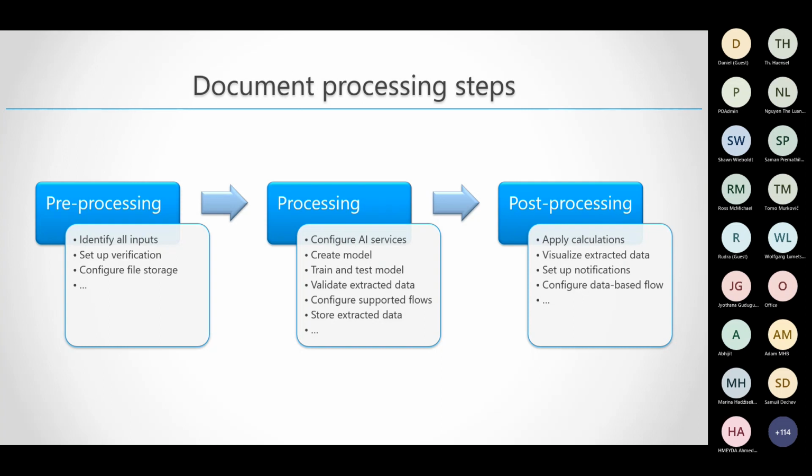Once you decide on the tool that you are going to use, you need to understand how to create a model, and how to train and test this model. Then you need to understand if there are any validation aspects that you need to take into account and build this validation as well, and where you are going to store the extracted data.